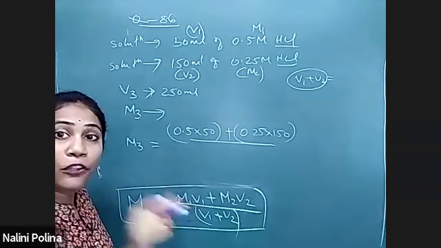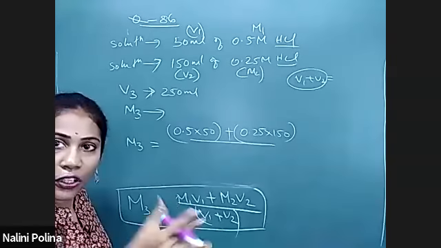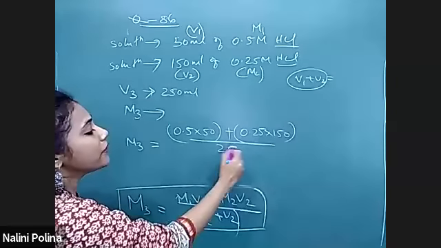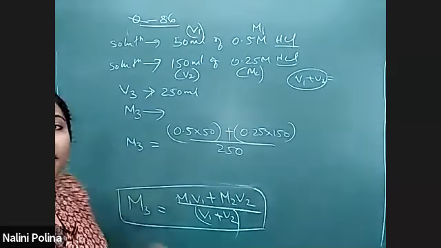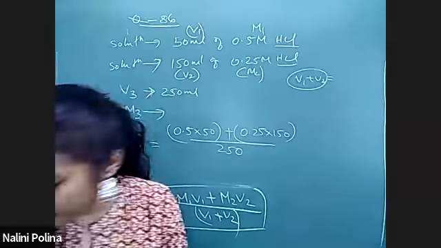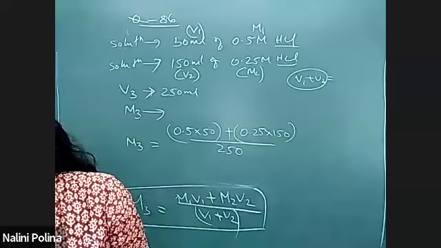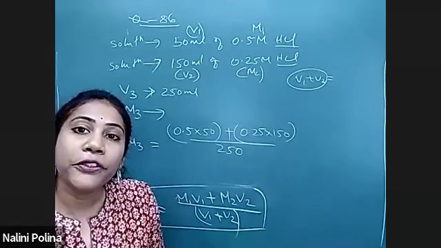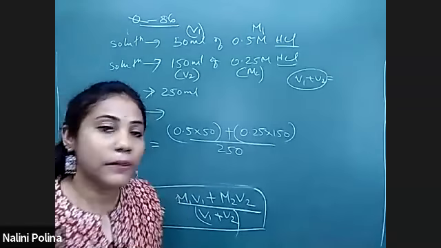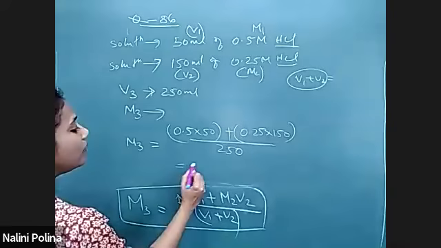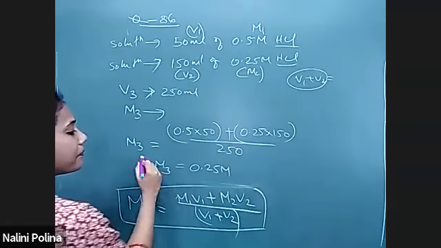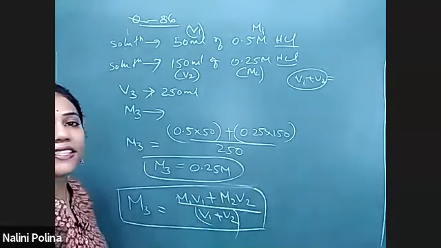But if they gave you the V3 value in a question, then you take that value only. How much is V3? 250. So just do the calculation and tell me the answer. So what will be the answer you will get? You would be getting around 0.25 molar as M3, isn't it? So that is your answer.